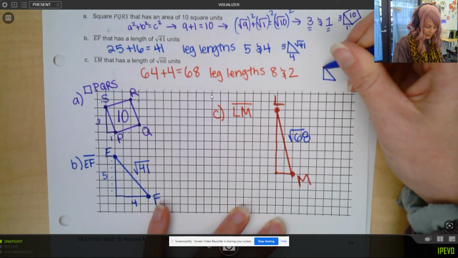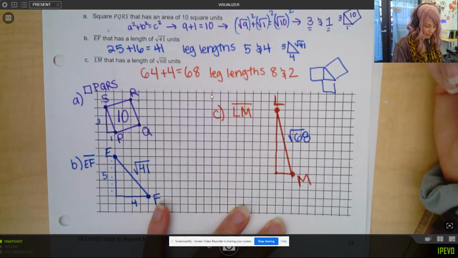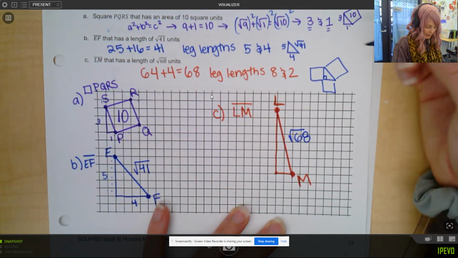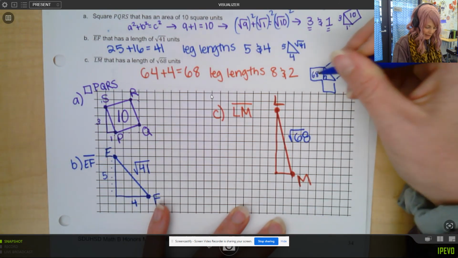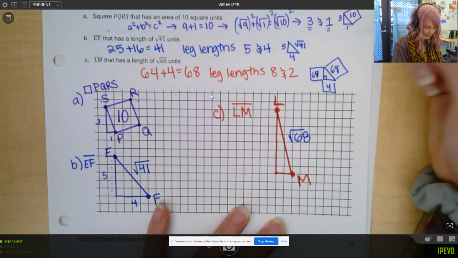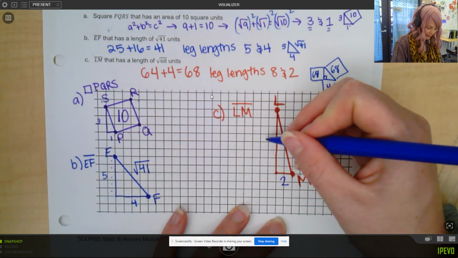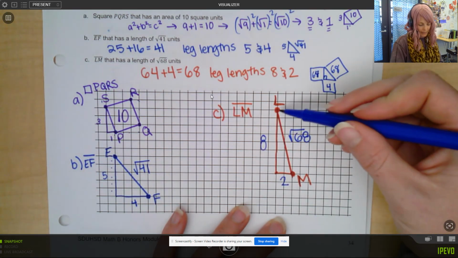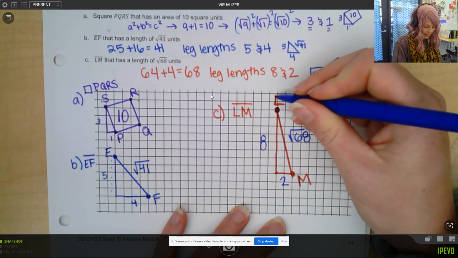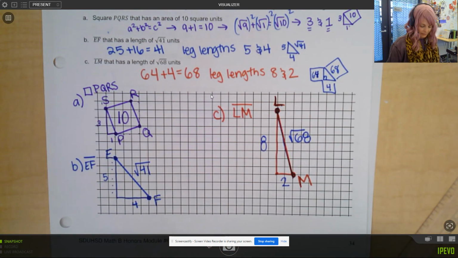So thinking about our little area model here, I know that 64 and 4 make 68. So my leg lengths I needed were 2 and 8. And then LM would be the square root of 68.